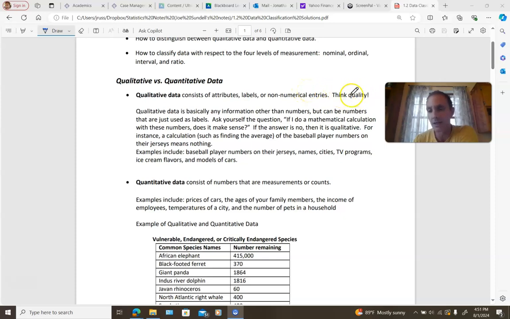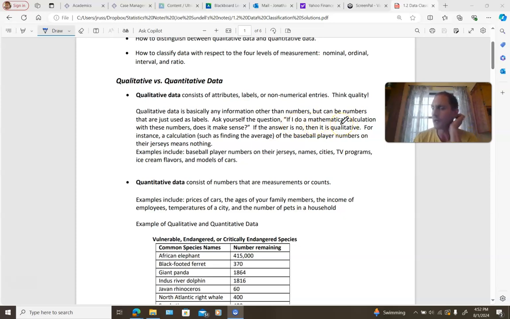Again, you want to think quality here. So qualitative data is any information other than numbers, although it can actually be numbers, and we'll see some examples of this. You want to ask yourself, if I do a mathematical calculation with these numbers, is it going to make sense? And if the answer is no, then it's going to be qualitative.